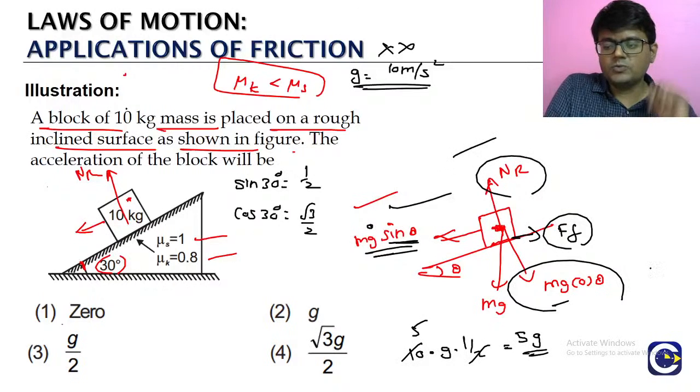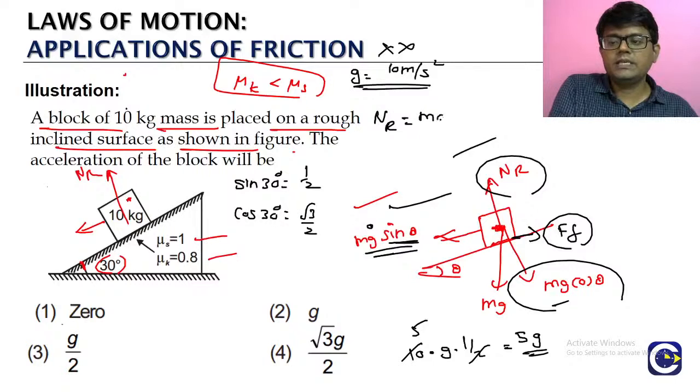So perpendicular to the plane, the normal reaction value will be mg cos 30. M is 10, g we keep as it is, cos 30 is root 3 by 2. So here the 2 and 10 give 5 root 3 g.